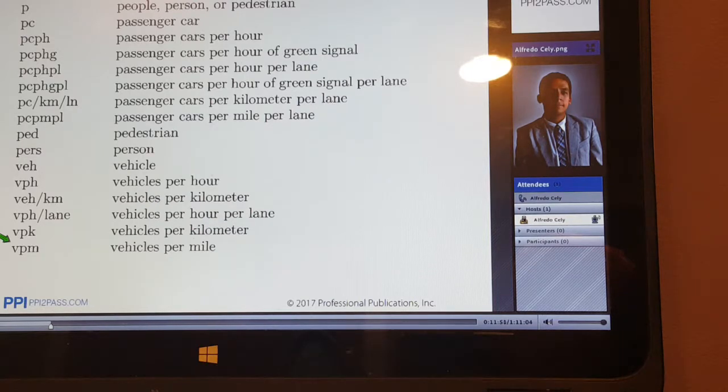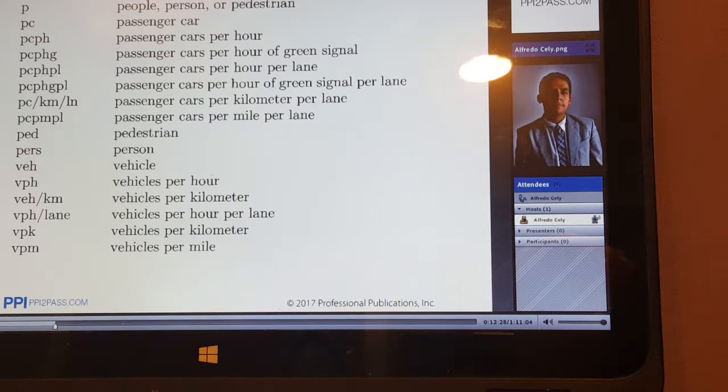So you may be asked to do some kind of conversion of traffic flow to get vehicles per hour to, let's say, passenger cars per hour per lane, or vehicles per mile to passenger cars per mile per lane. So you may be required to do some kind of conversion like that in a traffic flow type of problem. So it's important to know what this nomenclature stands for. Now the abbreviations in this table are also going to be used throughout the lesson and may be used in the exam.